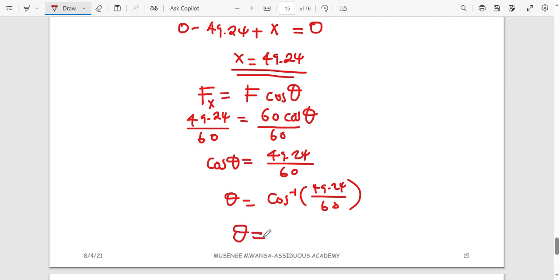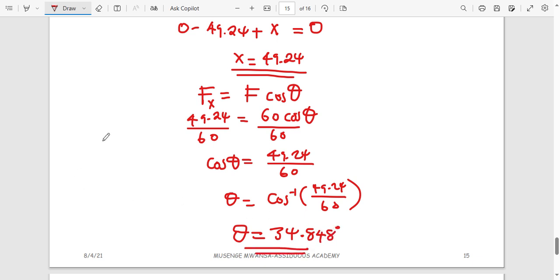Theta is going to be cosine inverse of 49.24 divided by 60. That is going to be 34.848. So this is one possible angle.